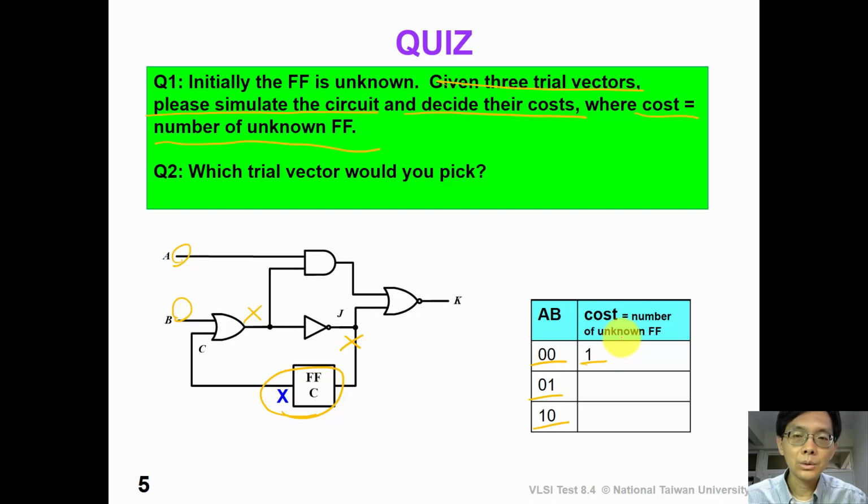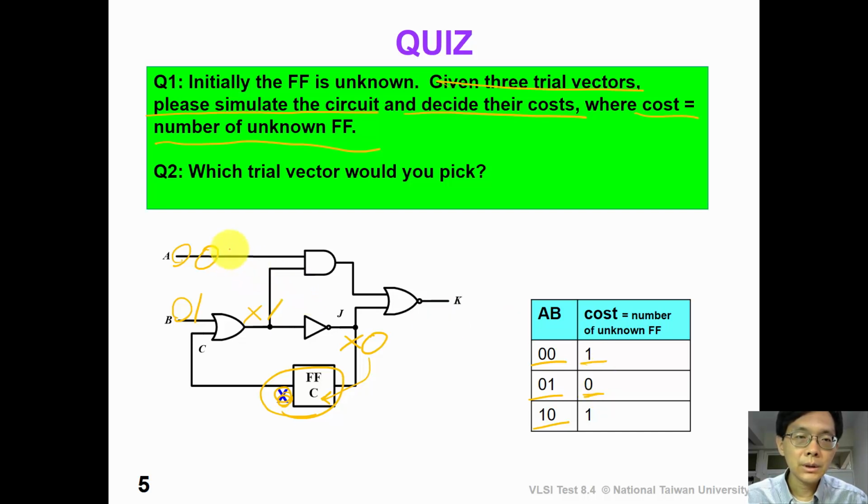Okay, are you done yet? Now, let's try the next vector, 0 1. When we apply this vector, the output of the OR gate is 1, and J will be 0. After 1 clock, the flip-flop will become 0. So the cost of 0 1 is 0, because no flip-flop will be in an unknown state.